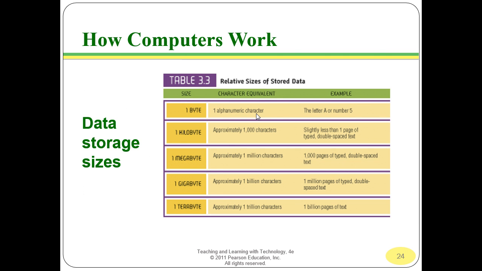A gigabyte, 1,000,000,000. And then a terabyte is trillions. And so you see the relative sizes of what that amount would be in text. It's incredible the amount of storage we have available to us today.